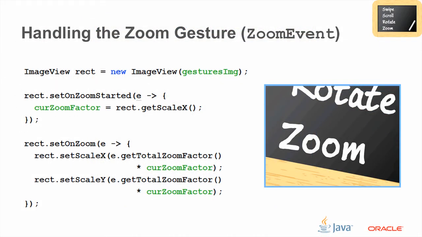And the code for that is very similar, in that we are catching when the zoom starts, and then we get the current scale, and we make note of that, and then as the events are continuously reported, those get passed into set on zoom in the form of a lambda, and we take the events, and then the functional part is we set the scale, taking the total zoom factor that was associated with the event so far and multiplying it by the zoom factor that we recorded when the event started.